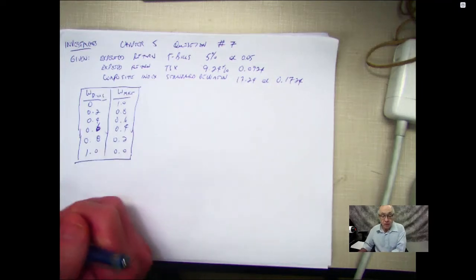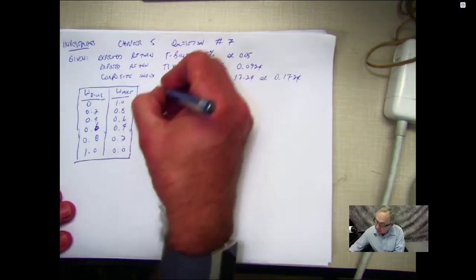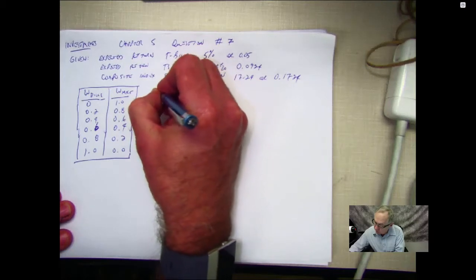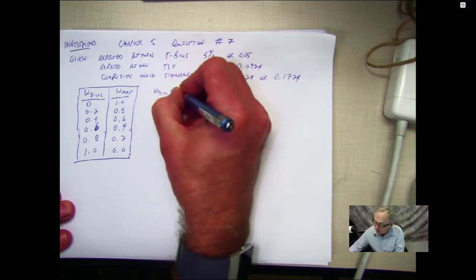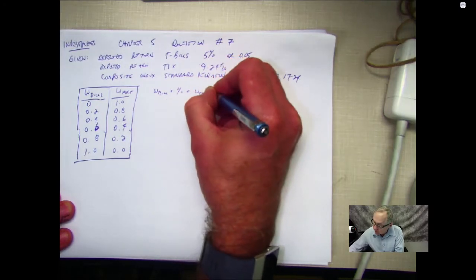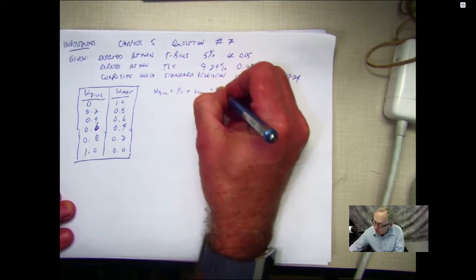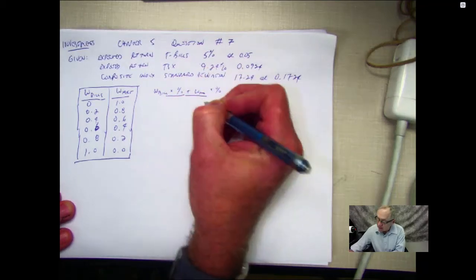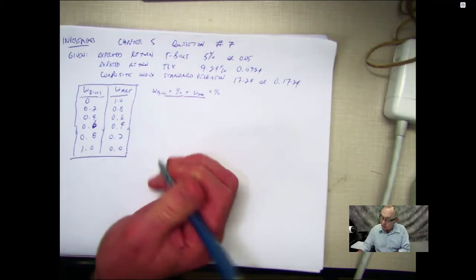So our methodology is weight of bills times percentage return plus weight of market times percentage return. This would give us the expected return for each scenario.